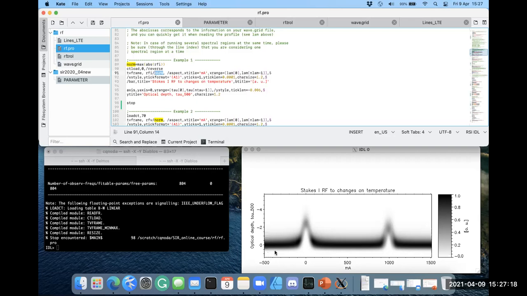In this case, we are checking the Stokes I response function to changes in temperature. So if we change the temperature in very deep layers below the optical depth 1, or the visible continuum, the profile will not change at all. So there's no perturbation on the spectral lines.